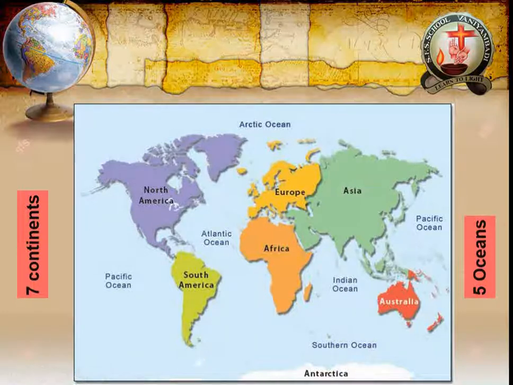So totally we have 7 continents and 5 oceans on our planet Earth. Can you say which is the largest ocean on Earth? Pacific Ocean is the largest one and Arctic Ocean is the smallest one.